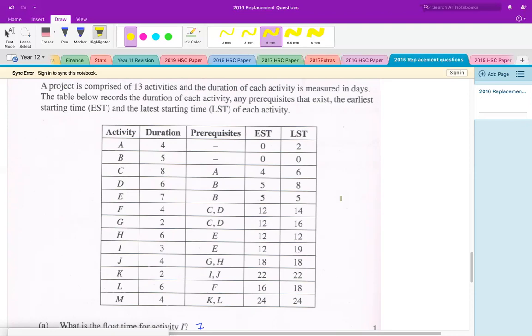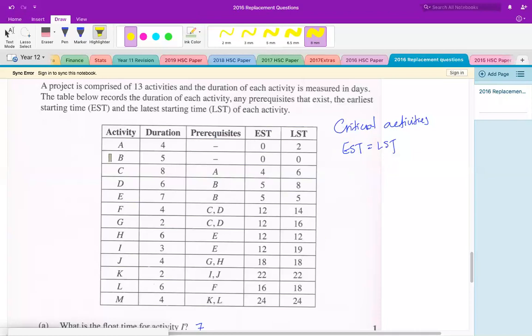If a task is critical, earlier starting time and later starting time will be equal. So critical activities have earlier starting time being equal to later starting time. So we can probably just highlight them first.